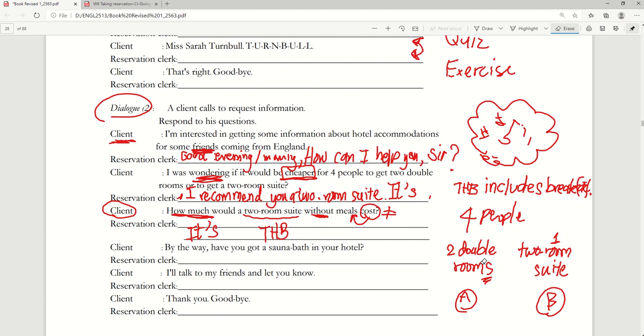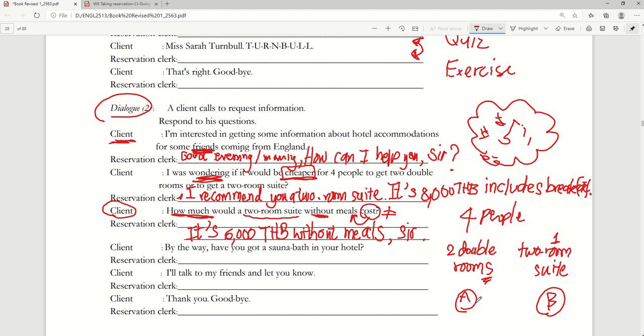Okay, let me change my mind. Ah, okay. So it is 6,000 baht without meal, sir. But by the way, have you got a sauna bath in your hotel?